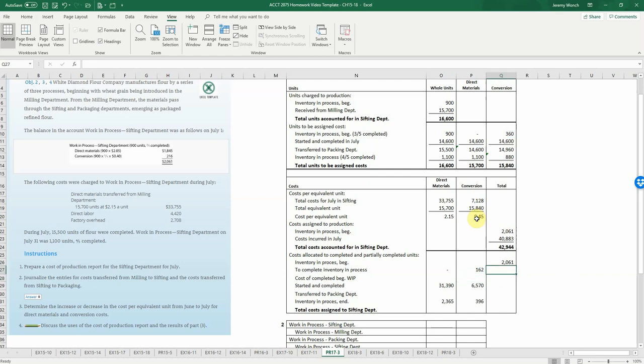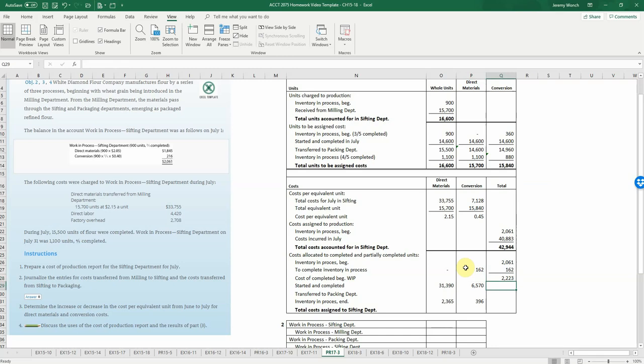So at our cost that we had to add, we had inventory already in process. This is what we added to that beginning inventory to finish it. So that's going to be a total of 2,223.